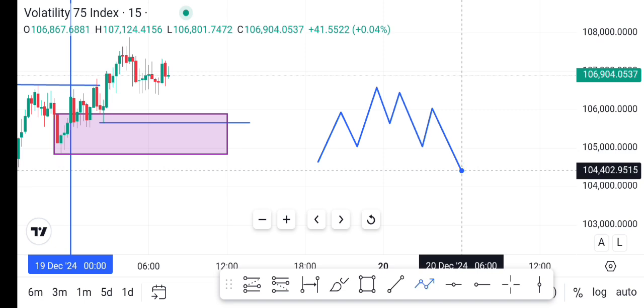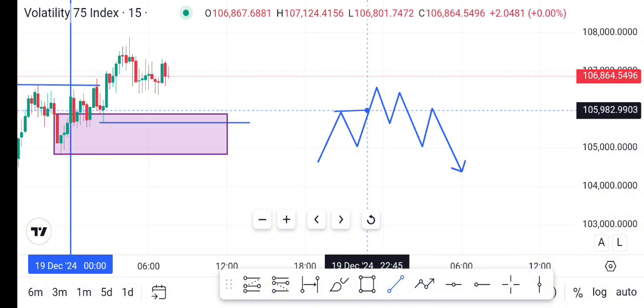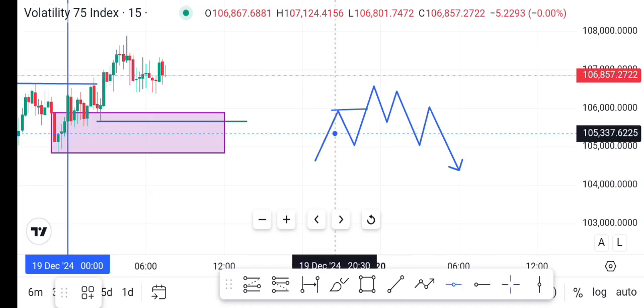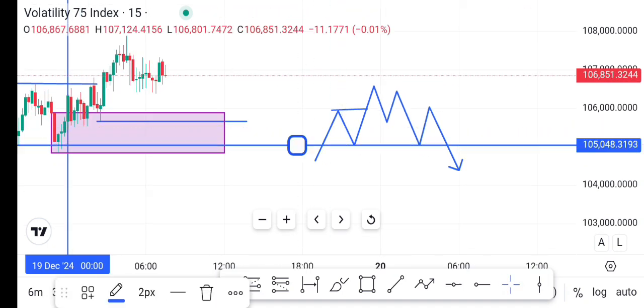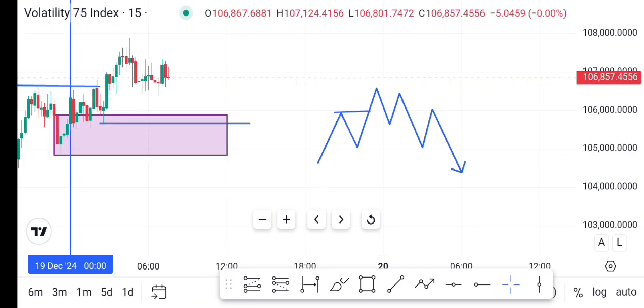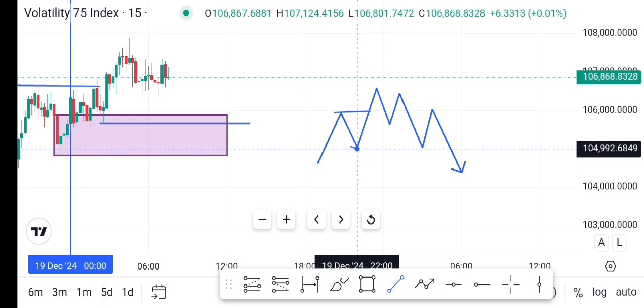You see, it takes off this high from yesterday, and this low from yesterday also takes off. Let me use another line. This, do you see, should be taken off like that.